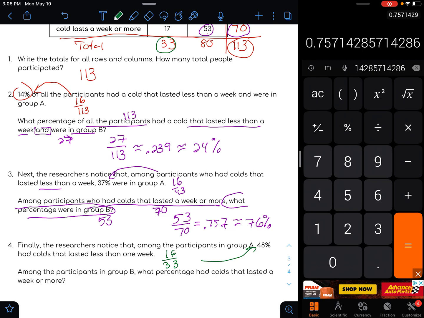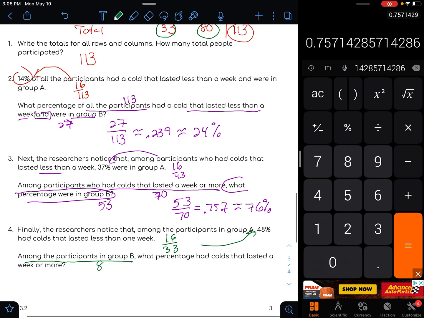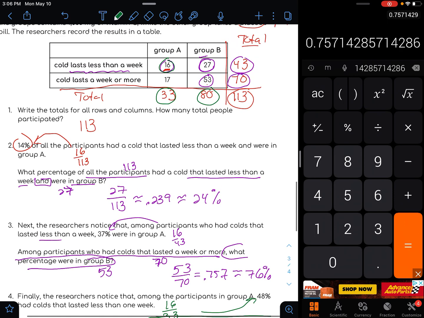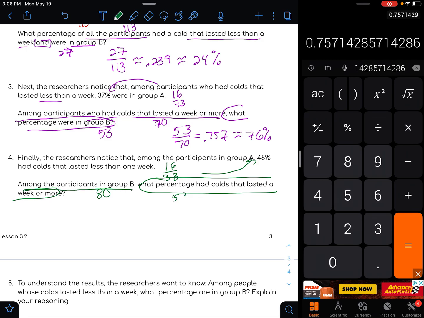Our question: among the participants in group B, what percentage had colds that lasted a week or more? So among all the group B participants, that's that 80. Of that 80, a week or more would be that 53.